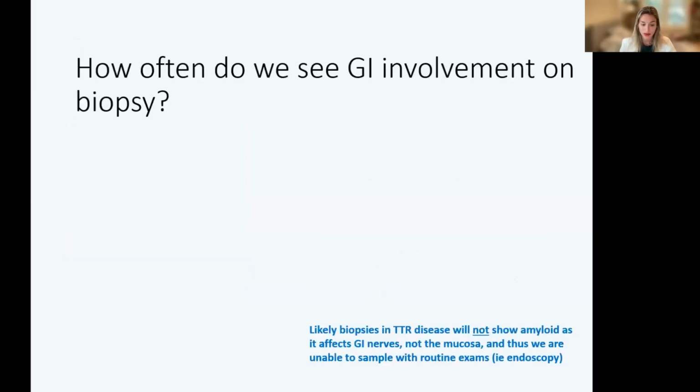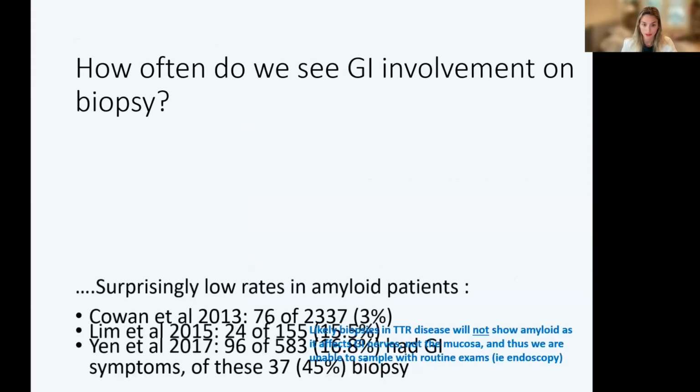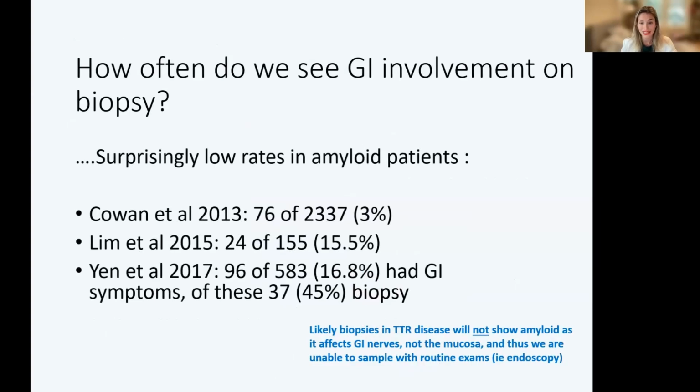The question that really comes into play is how often do we see GI involvement in amyloidosis? And the answer is surprisingly rare. Even in patients with known amyloid disease, we're seeing rates of positive biopsies in 3 to 15 or 16% based on some studies.